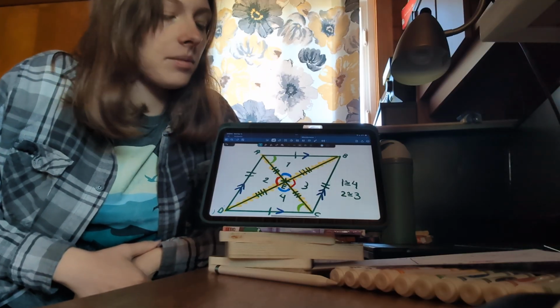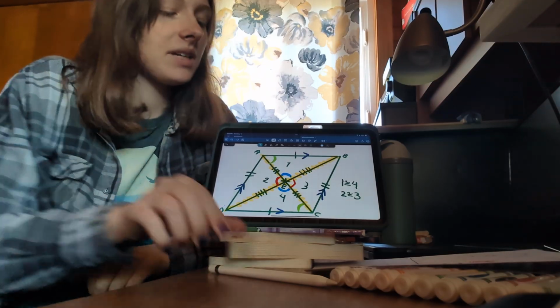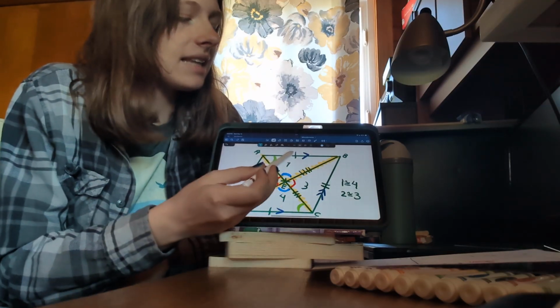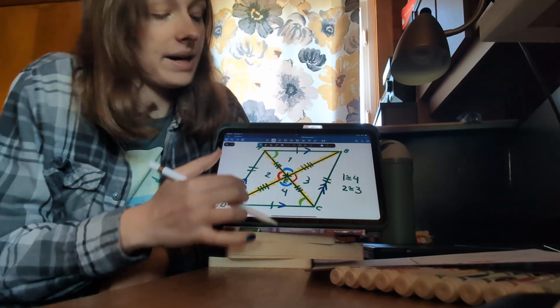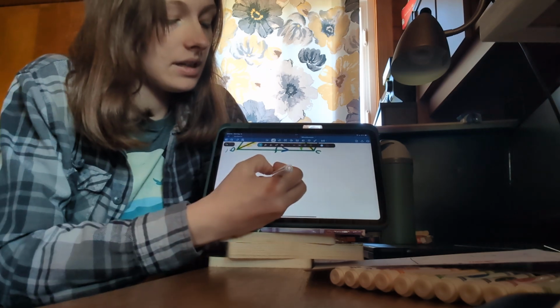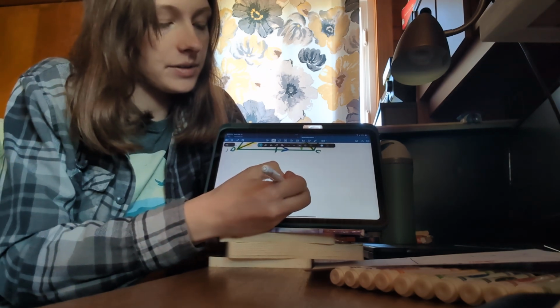And this is true for basically every parallelogram. See, we didn't include any side lengths here, and we just used stuff like side angle side, because no matter what parallelogram you use, the opposite sides are always going to be congruent to each other, right?